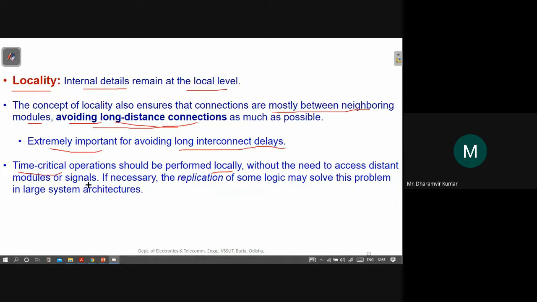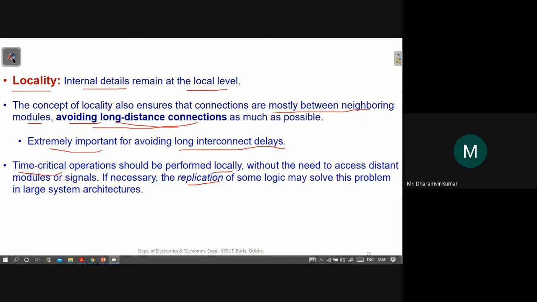And if necessary, the replication of some logic may solve this problem in large system architectures. So these are some advanced topics where you will get to know the different strategies. Sometimes we introduce some extra hardware within the chip, or sometimes some logic is replicated, to solve a particular problem in a large system architecture.